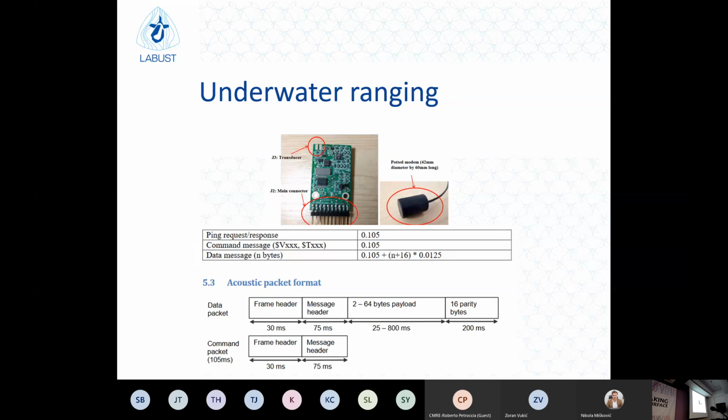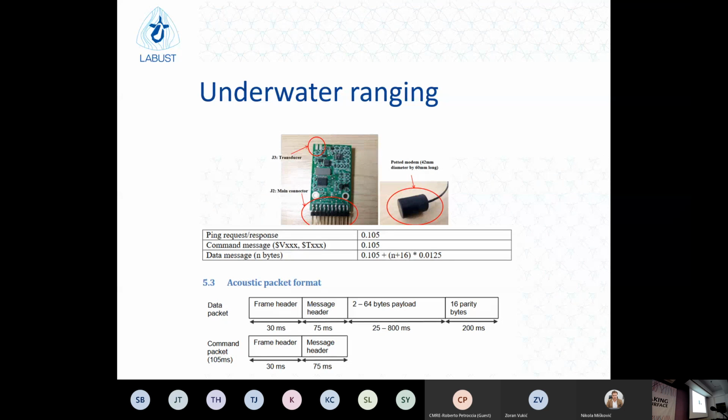So to achieve underwater ranging, you need an acoustic nanomodem because you have no other way of communicating. So this is one of those modems right here. You can send data messages, range messages, or you can just ping with it.